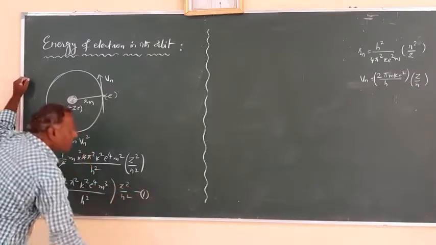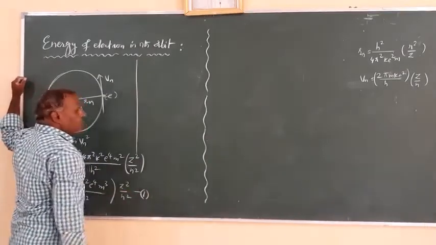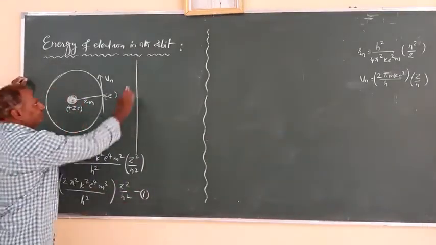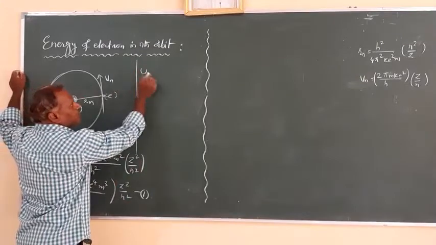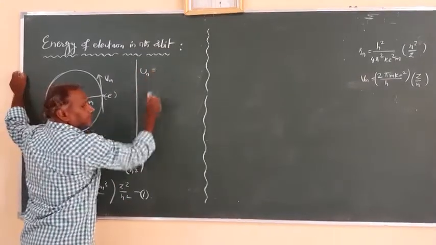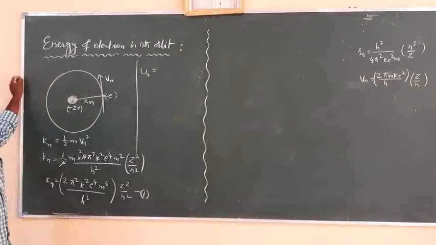Make it equation 1. Similarly, now we can go for the potential energy, which I am representing as U, the potential energy of the electron in the nth orbit. It is given by 1 by 4 pi epsilon naught Q1 Q2 by R, that is Rn.